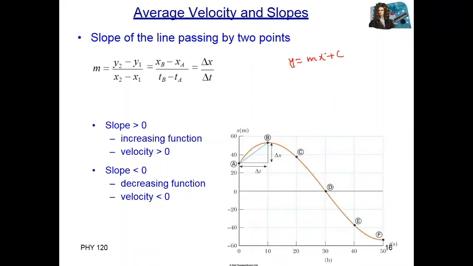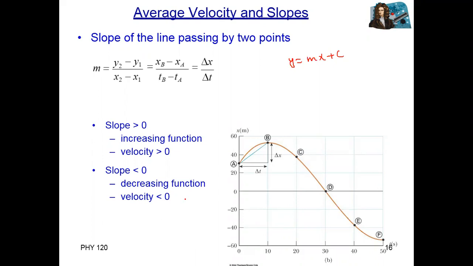So what is y? What is mx plus c? What is y here? What is x? What is m and what is c? Yes, y is a dependent variable and x is an independent variable, m is the slope and c is the y-intercept. Excellent.